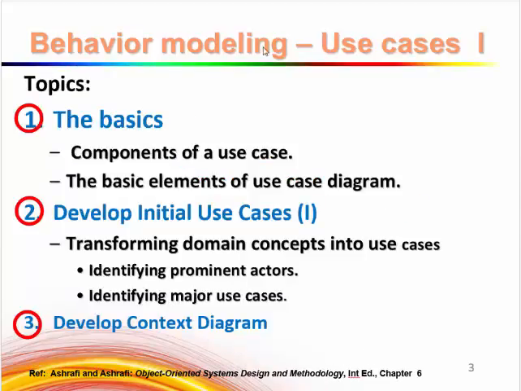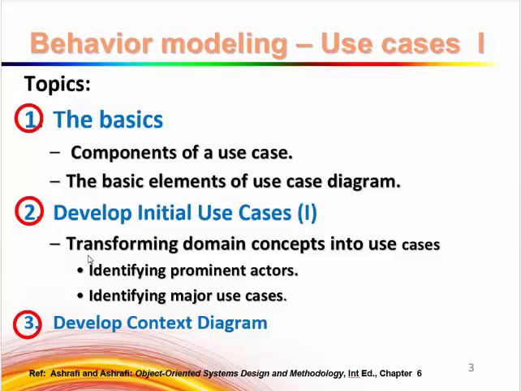The basic behavior modeling covers 3 topics. The first topic is the basic concept of use cases, including the components of a use case and the notations of the use case diagram. The second topic is identifying initial use cases. You will learn how to use domain concepts as the candidates of use cases.